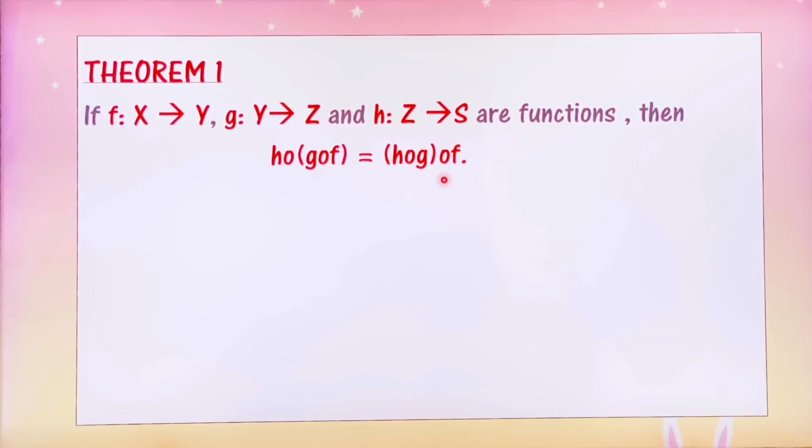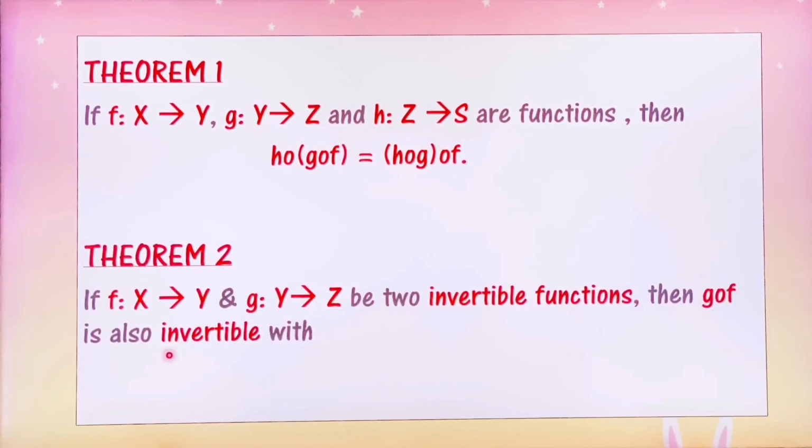That is, composition of functions is associative. Theorem 2: if f is from X to Y and g is from Y to Z, two invertible functions, then g∘f is also invertible with (g∘f) inverse equal to f inverse ∘ g inverse.